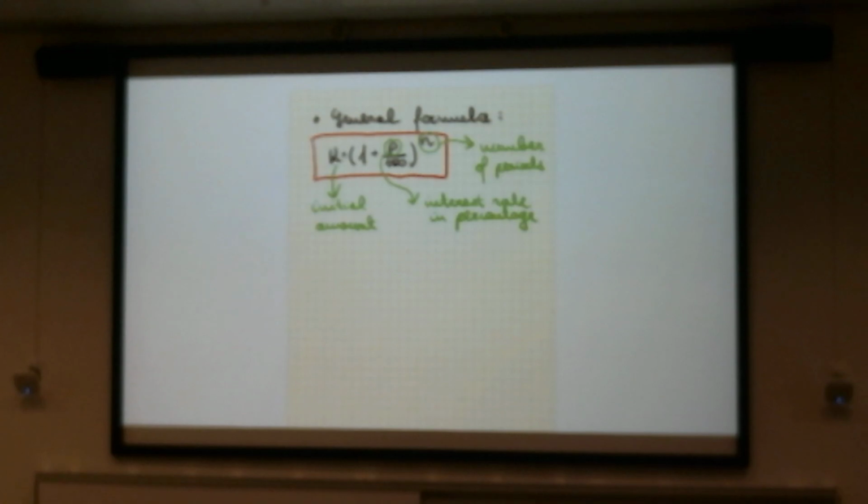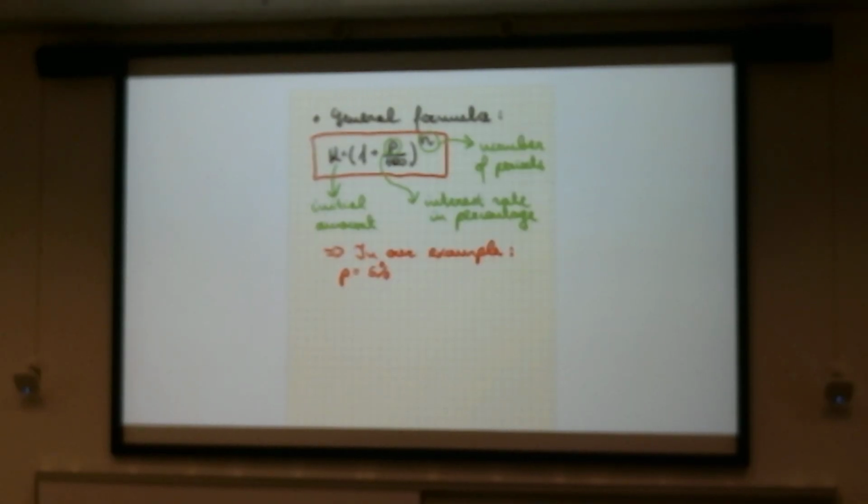Right? So that's how, by using P over 100, we converted from 5% to 0.05. Just to stress this one, in our example P was equal to 5%.